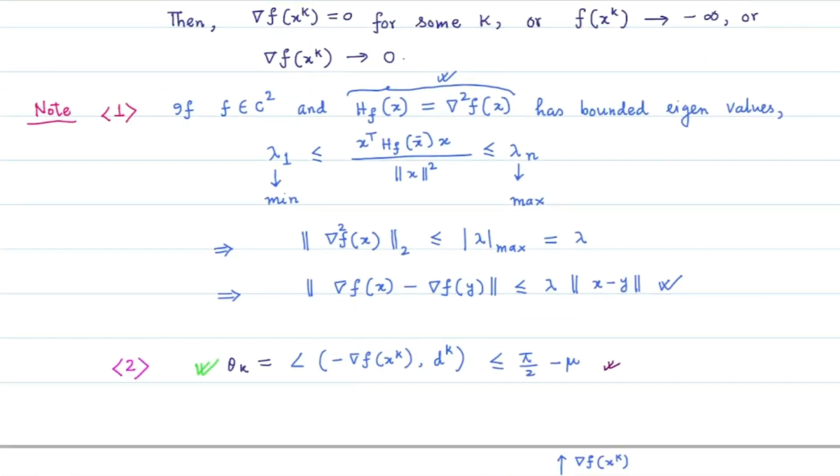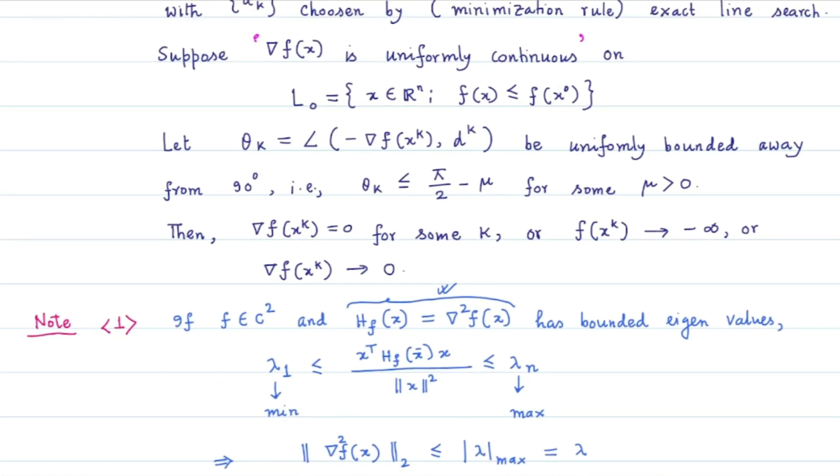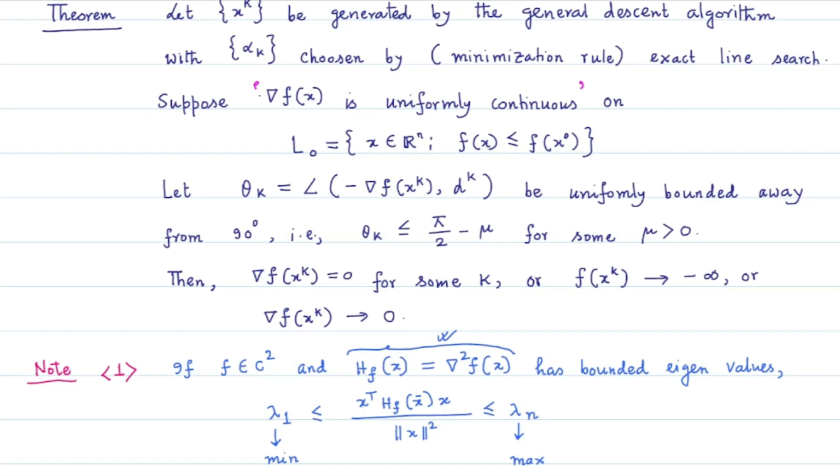Now here what we are endeavoring to prove, we have to prove that given these two conditions, that grad f is uniformly continuous, theta k is uniformly bounded away from 90 degrees, that is this direction dk is not almost perpendicular to the negative of the gradient, then you will have the gradient value of the function f a null vector for some finite index k, or this sequence of real numbers f(xk) is unbounded below, or grad f(xk) converges to the null vector.